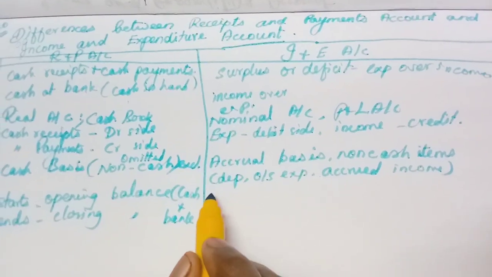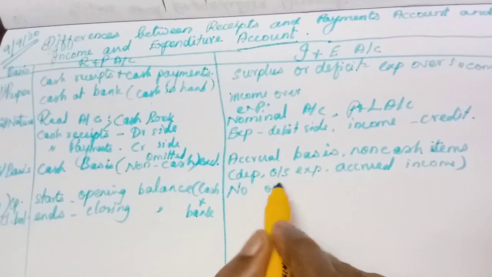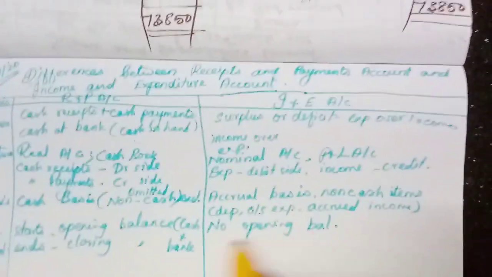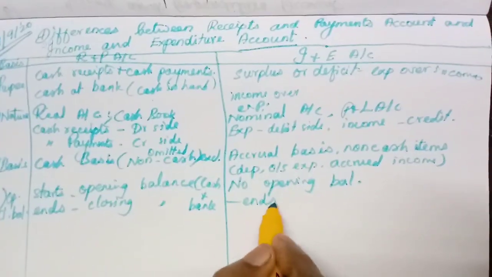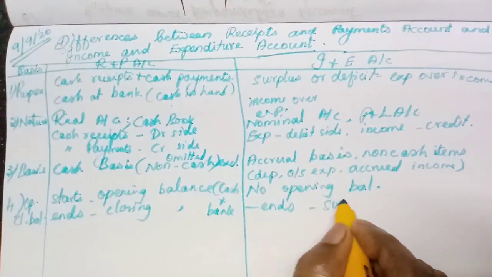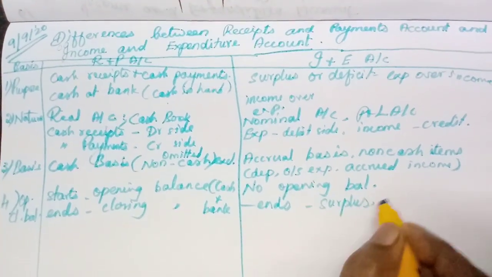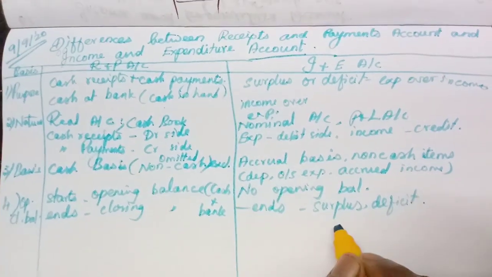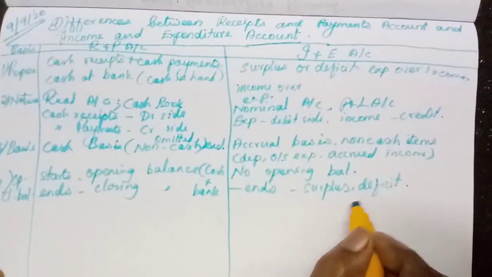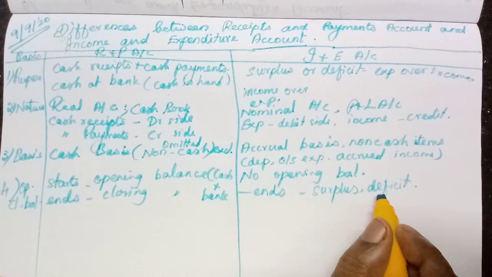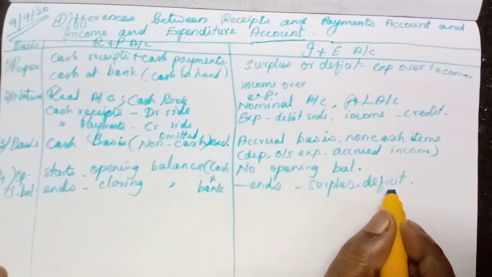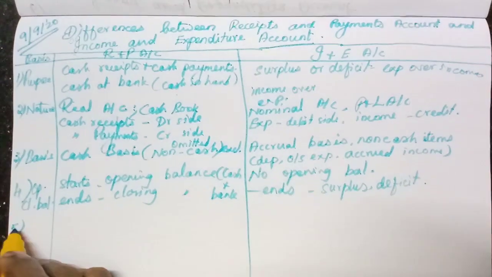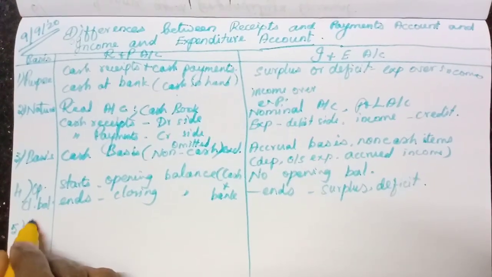But here there is no opening balance. But it ends with what? Either surplus or deficit. If there is more income, we get surplus. That will be at the end. Then if there is more expense, we will get deficit. That will be written in the end. Okay. Then the next one is nature of items.